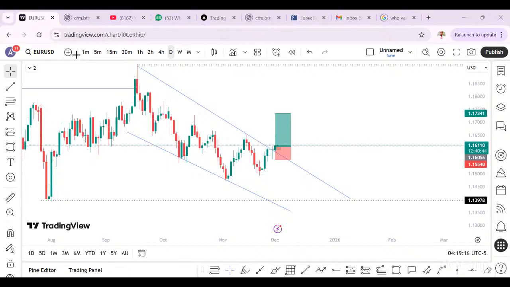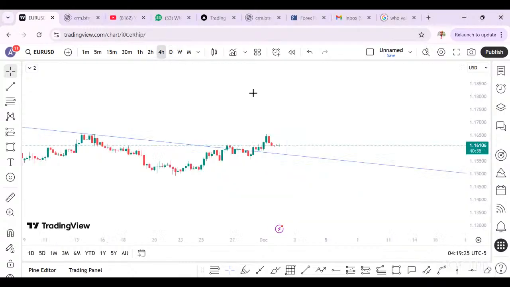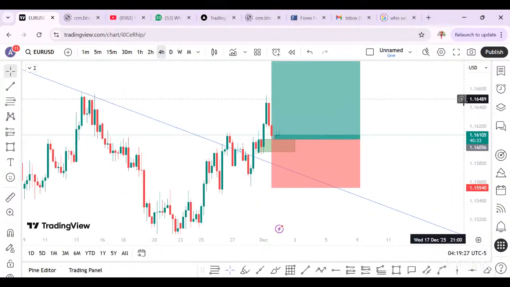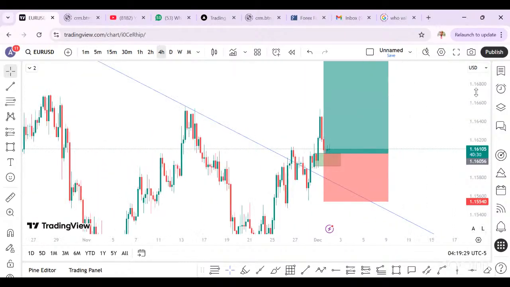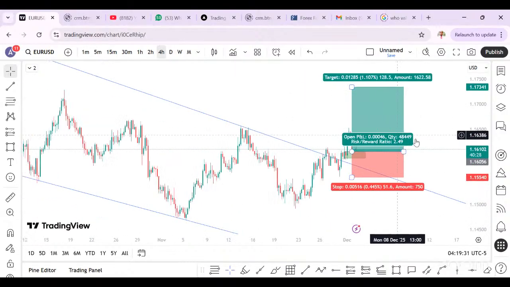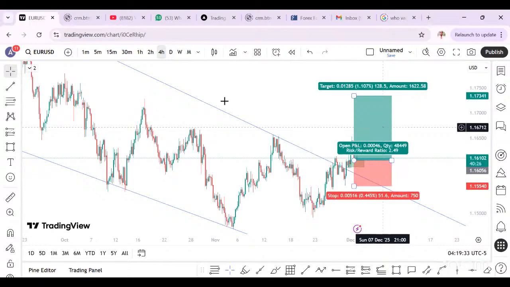So we already tagged the trade yesterday. Let's see how the trade delivers for us. I want to put in the trade and allow the trade to do its thing, and that is why our stop loss is in place.